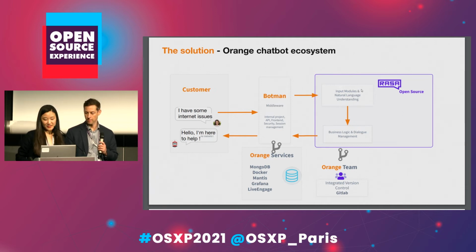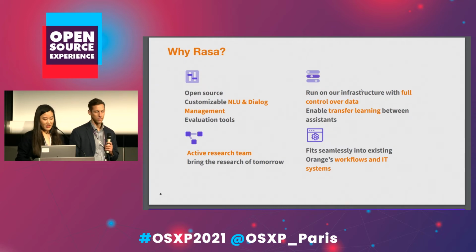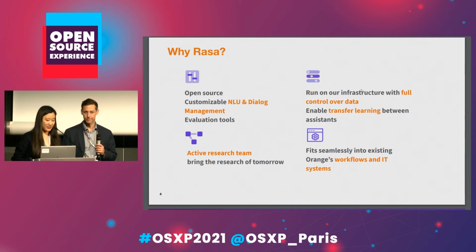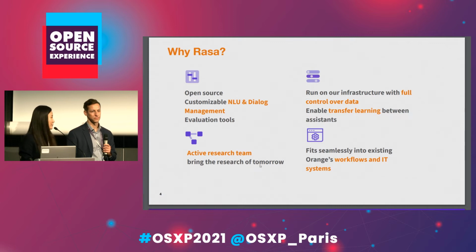And for the Rasa part, why we have chosen this solution. It's based on four parts. Firstly, it's open source, of course, very important. And then it's customizable with the NLU and dialogue management evaluation tools. Another point that we really appreciate is that Rasa has a very active research team.